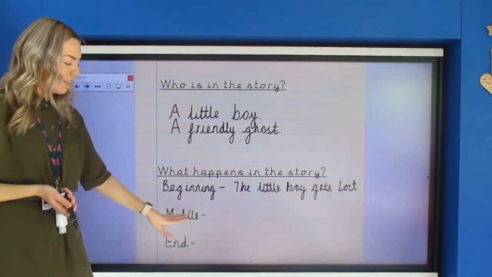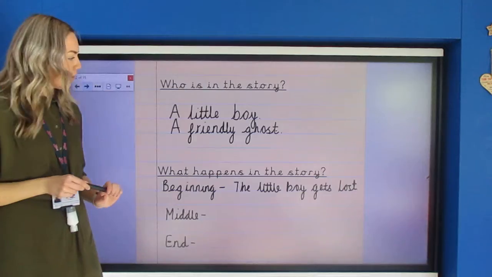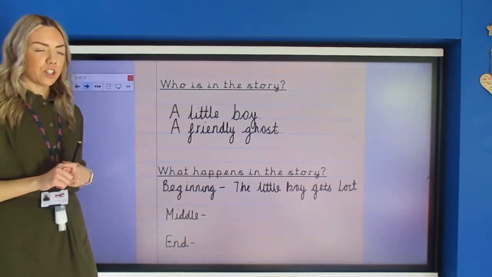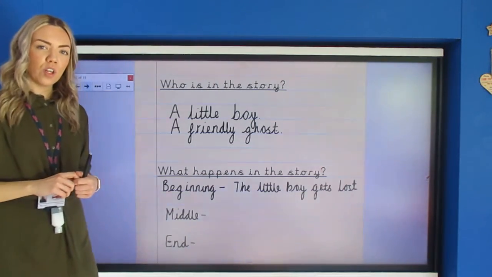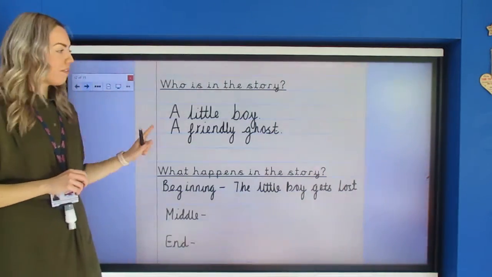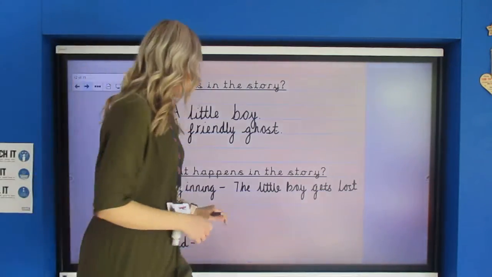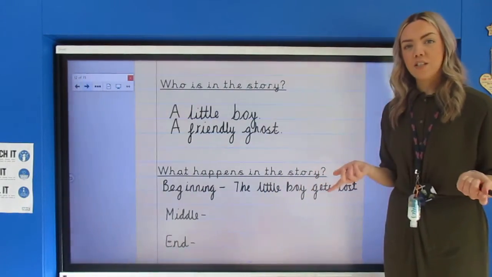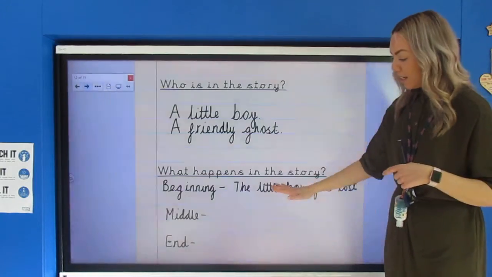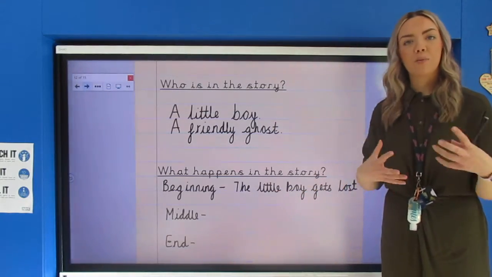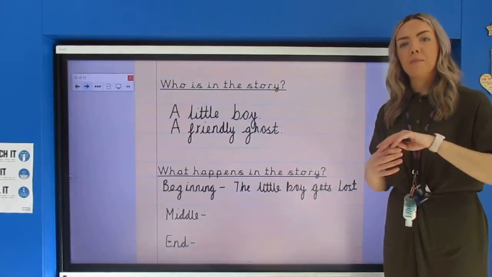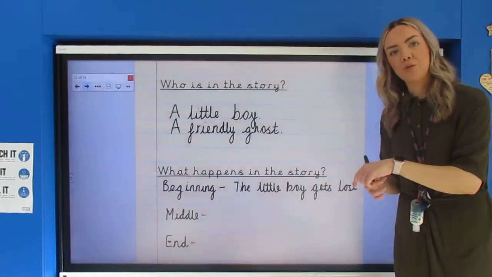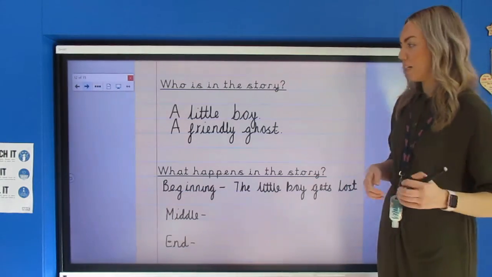So then, in the middle of my story, the little boy is going to go into the house and he's going to meet a friendly ghost. So I'm going to write that here, just a really simple sentence to help me remember, because these sentences here are just to help you build your story. You can then make them more exciting when we go to write our story by using adjectives.